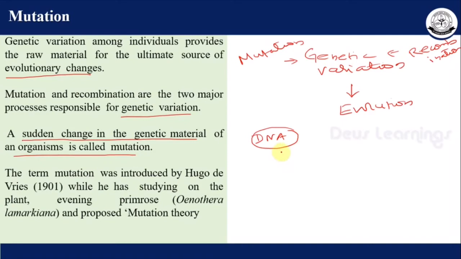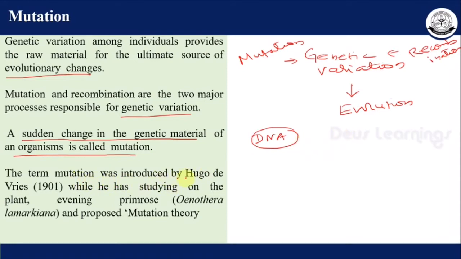Chromosome is the condensed form of DNA, so changes in DNA reflect in the outcome, and because of which you see variations, and variations happening continuously bring about evolution.